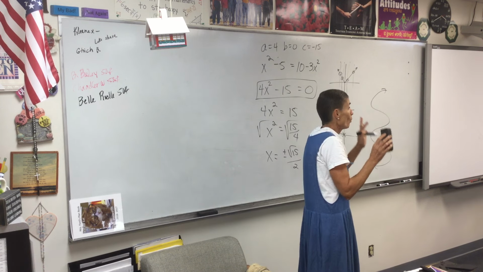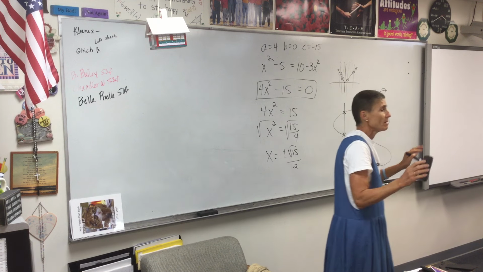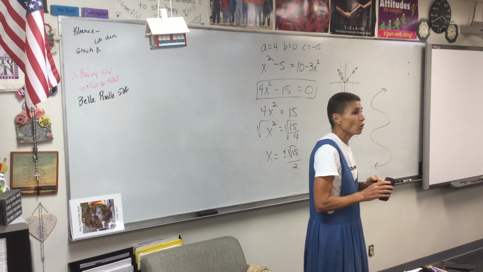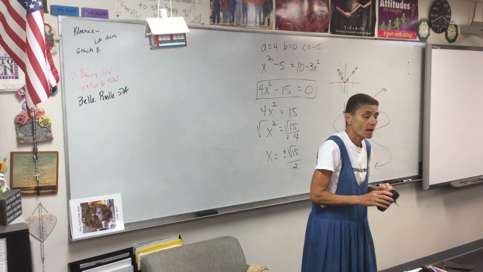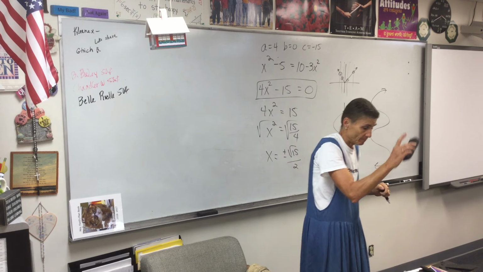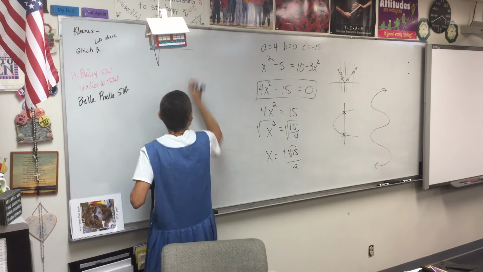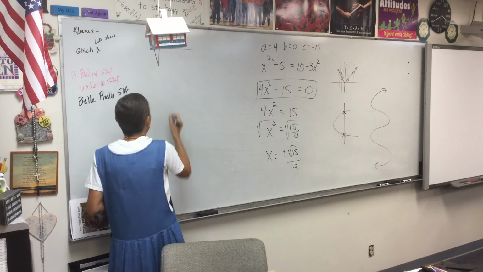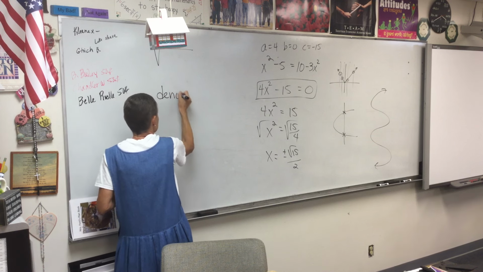If you were walking down the hall and found a random function, its domain would be all real numbers, unless it had a radical in it, or it has a denominator in it.